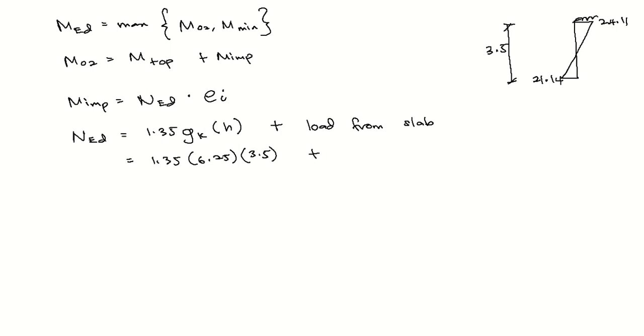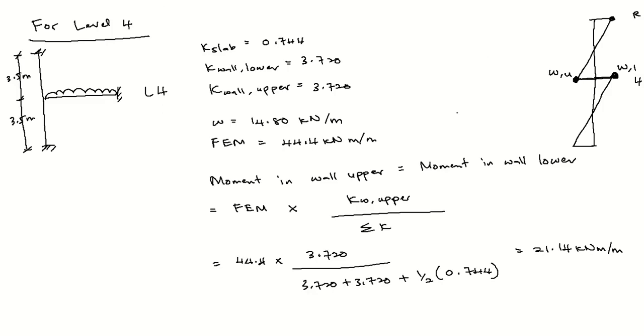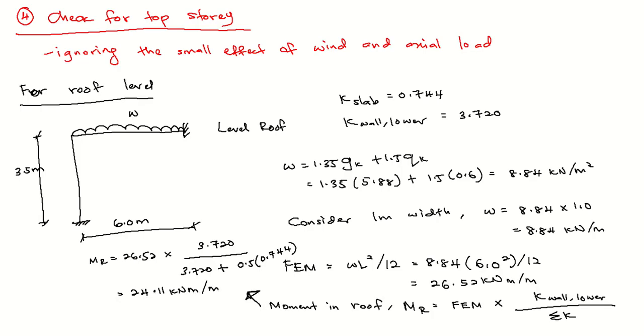What is the value of the W here? Okay, so the value of the W here is here for the roof, right? Because the 24.11 comes from the roof, right? So the W is 8.84.